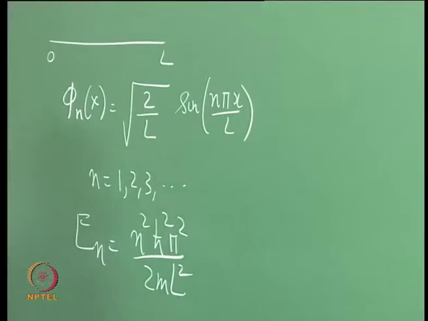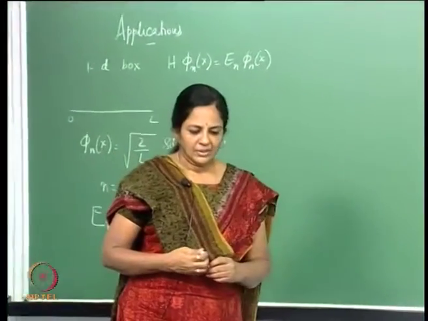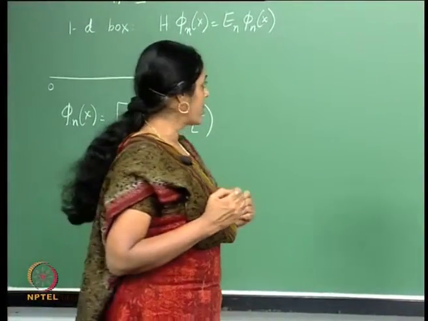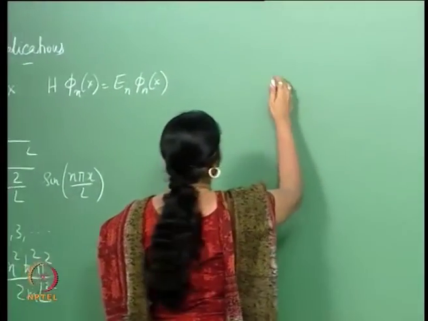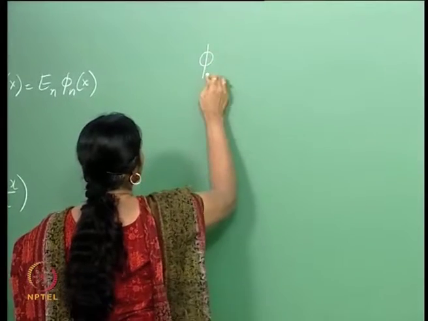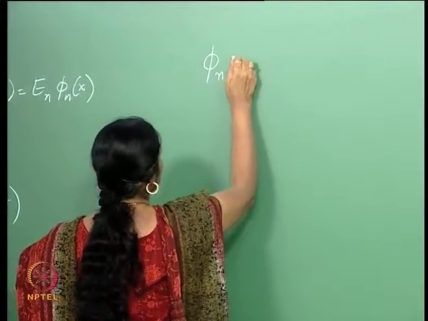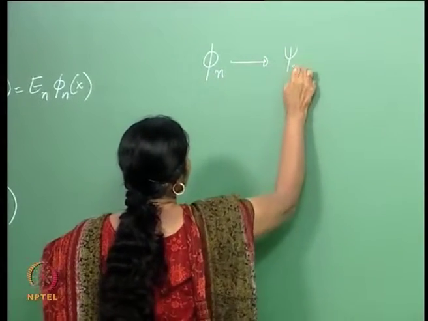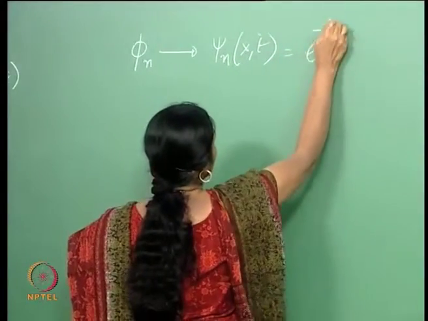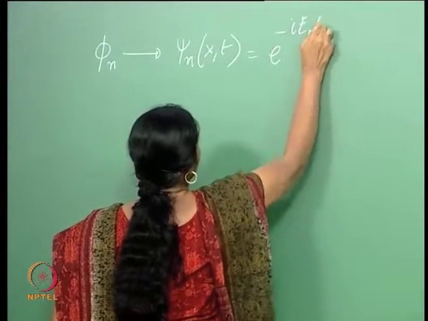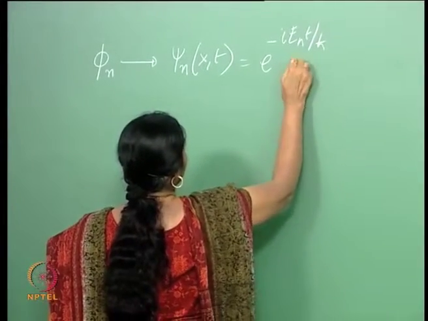So, these are the energy eigenvalues, and since these are eigenstates, the manner in which they evolve with time is very simple. Phi n goes to some psi n of x, t with time, which is e to the minus i E n t by h cross times phi n of x.